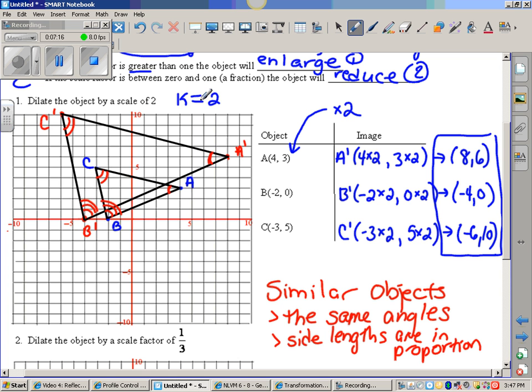In this case, they were all multiplied by 2, so they're in proportion to each other. We're going to talk a lot more about this tomorrow, but it's something to keep in mind.